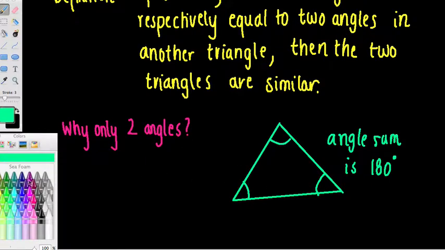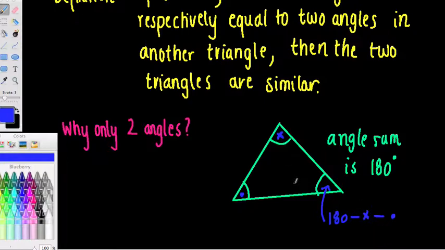Now, because of that, if I've got 2 angles, say I've got this one here, I'll put a little dot, and I've got that one there, I might put a little cross. It means that this angle here will always be 180 minus the other 2 angles that you've got. So in this case, I used a cross, minus the little dot.